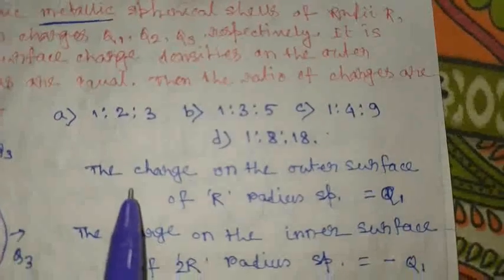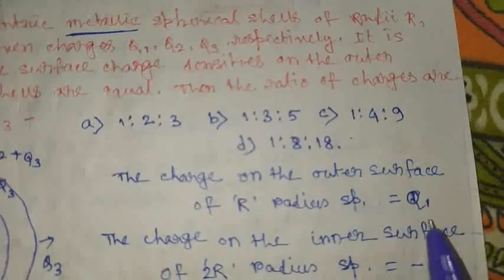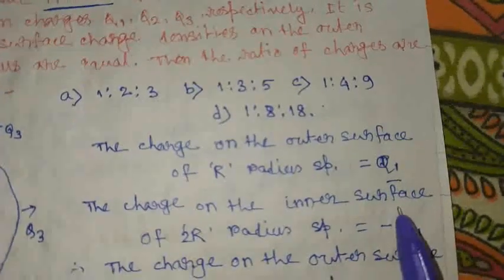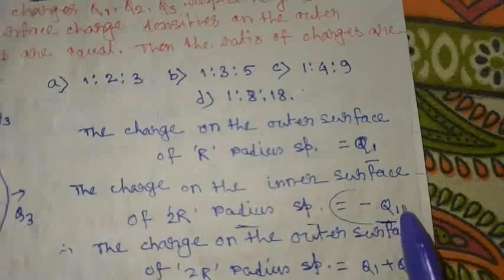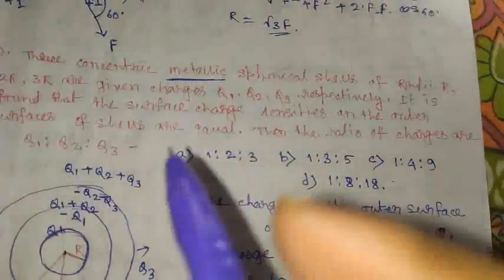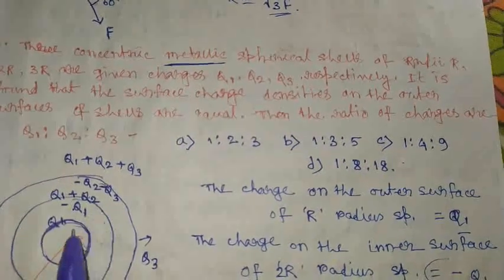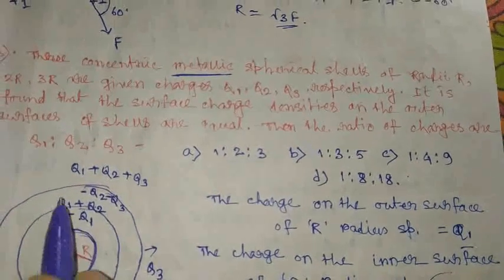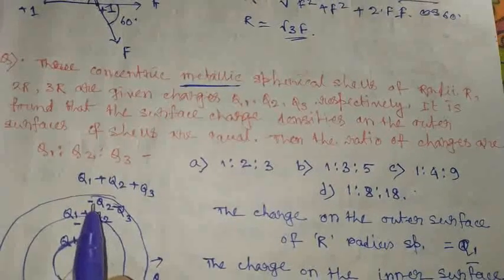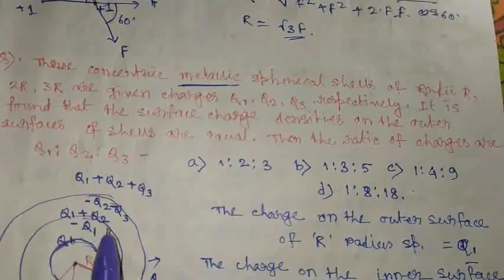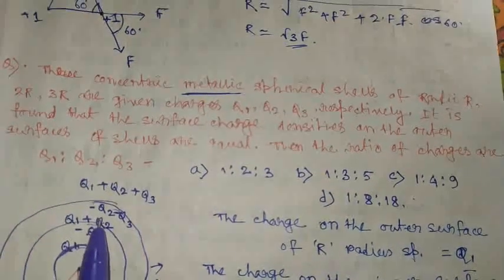That is, the charge on the outer surface of radius r is q1, and due to the induction process a minus q1 charge is developed in the inner surface of the 2r radius sphere. So plus q1 charge is also developed in the outer surface of the 2r radius sphere, so total charge q1 plus q2.